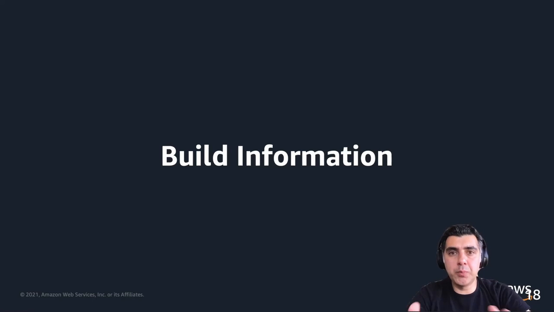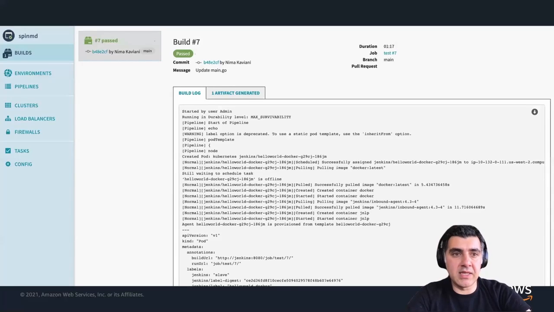So there are two parts to integrating build information into Spinnaker. One is showing build information to the end users, right? So what happens when you actually install this new integration plugin that we built to your Spinnaker deployment is that in your Spinnaker environment, you get a builds tab. And once you navigate to that builds tab, it actually brings in all the build information from your build tool, in this case, Jenkins, into your Spinnaker, so you can actually look at everything right there.